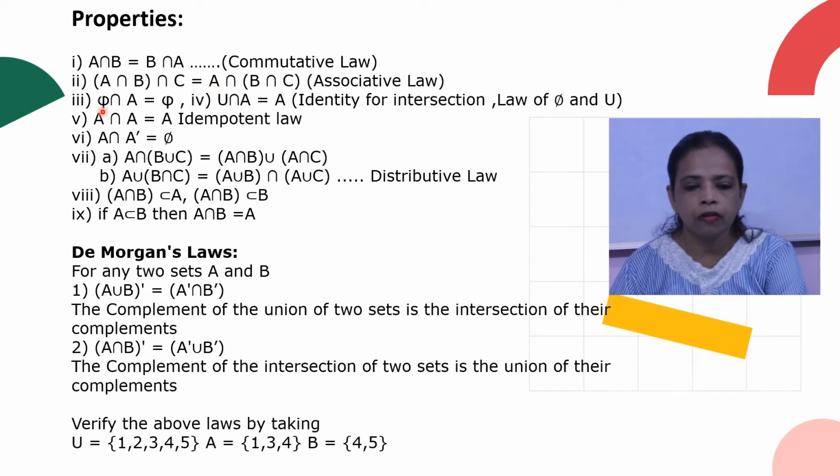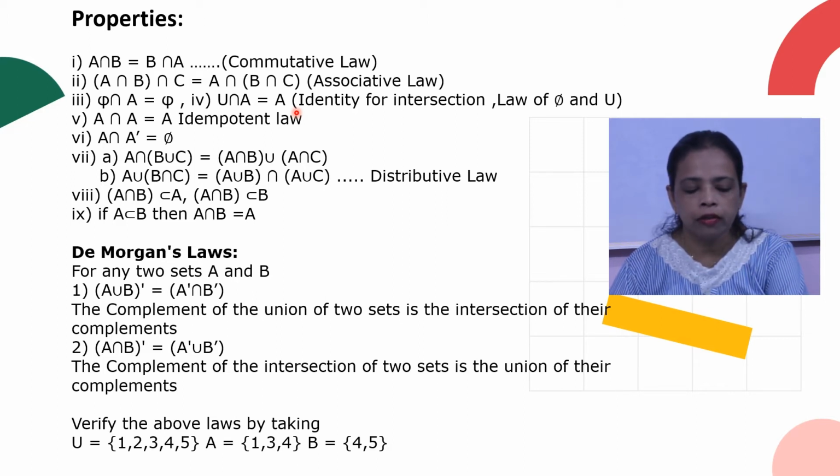Now property number 3. Null set intersection with any set equal to phi. Here the intersection of the null set with any set is always a null set. And property number 4, universal set intersection with any set A is equal to A. Any set A is always a subset of the universal set.